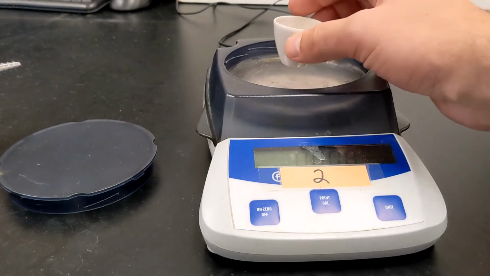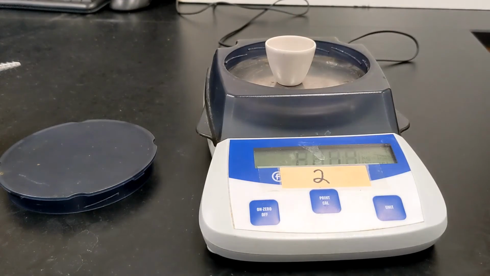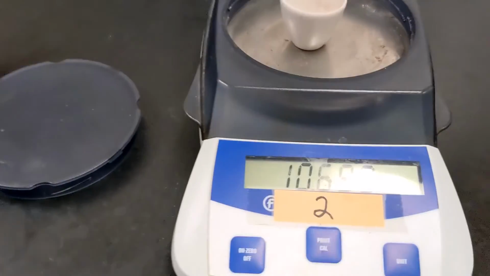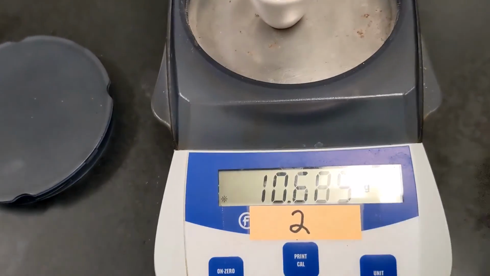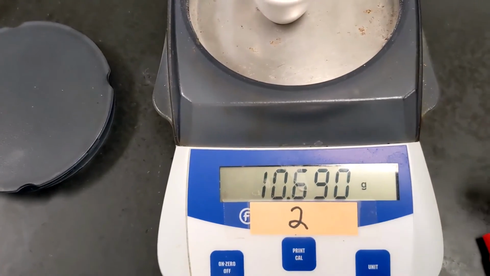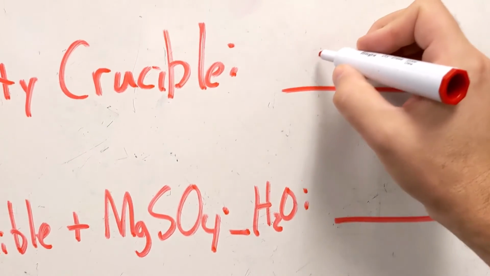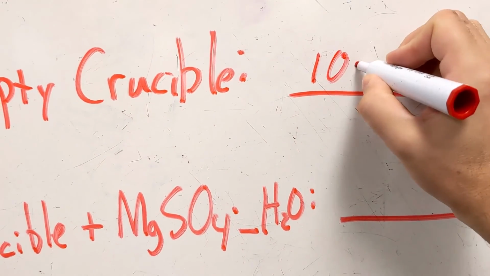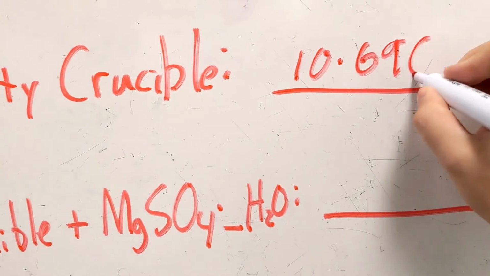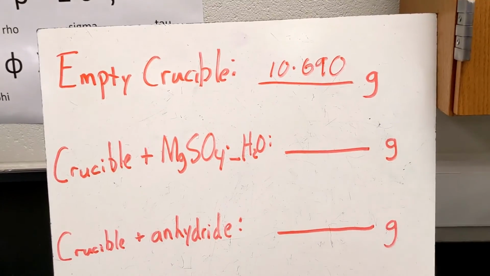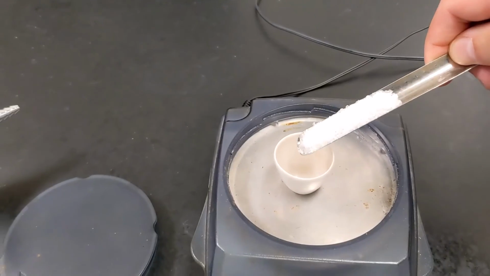So in order to do this, I'm going to first determine the mass of a crucible that's empty, and it weighs 10.690 grams. You're probably going to want to write this down as well.